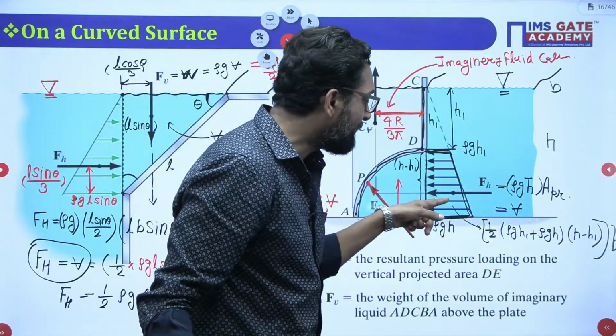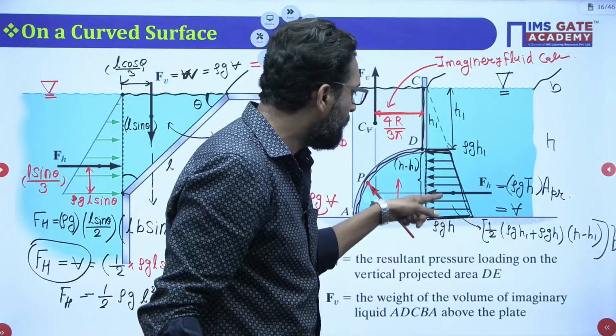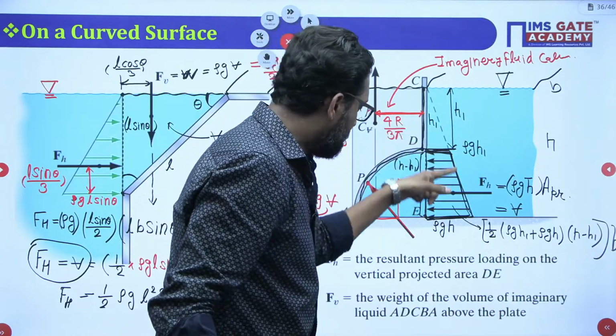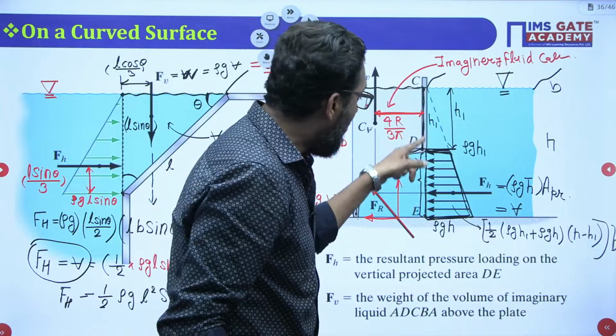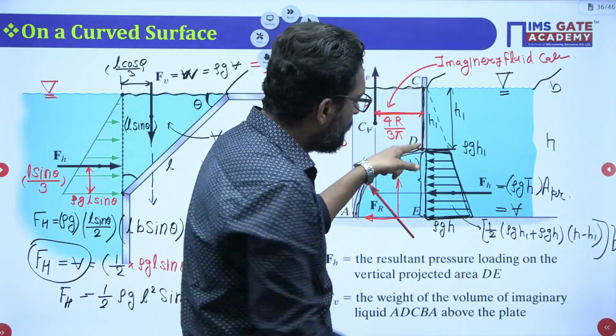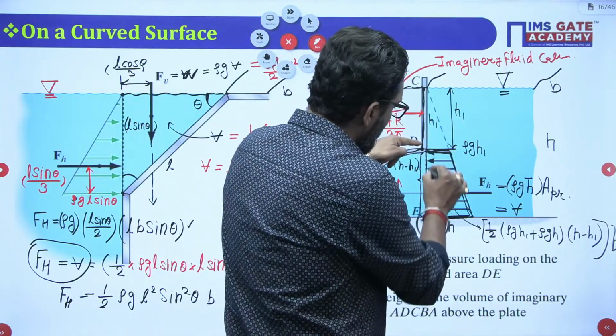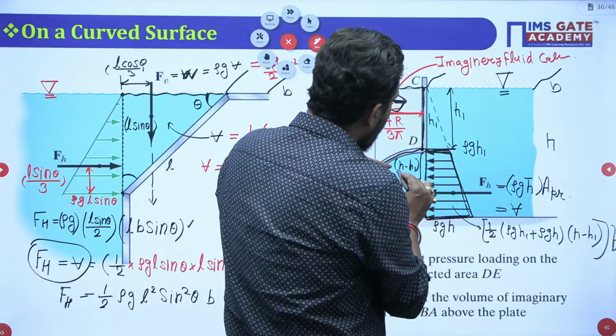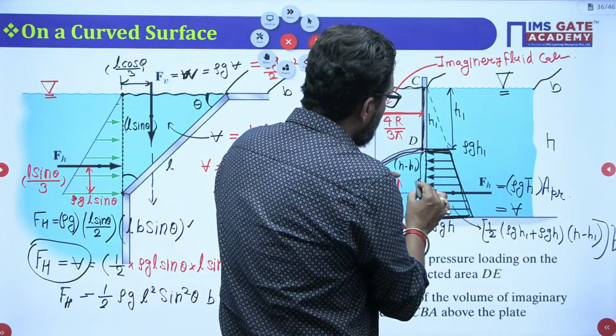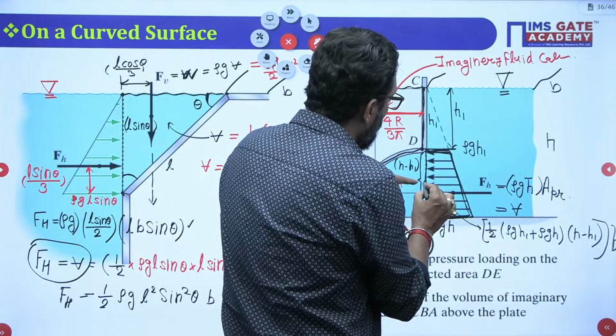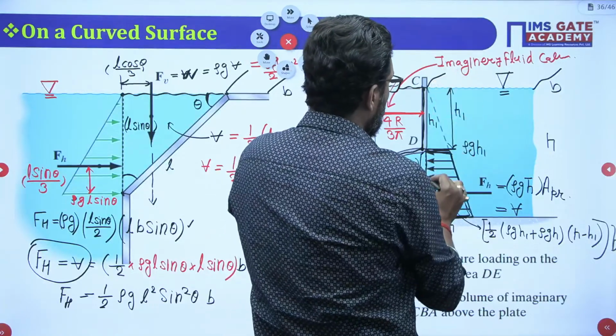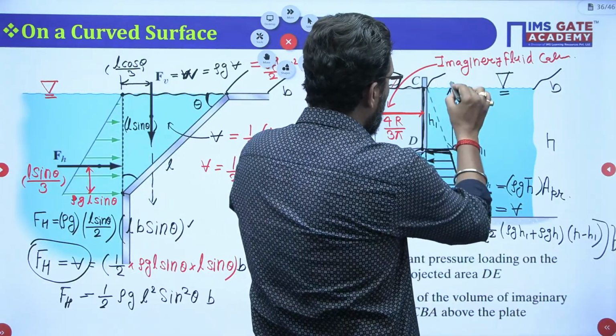Where will it act? It will act at the CG. That means, if this height is h minus h1, it will act at (h minus h1) by 2 plus this height.